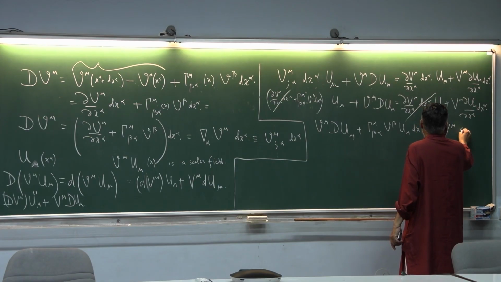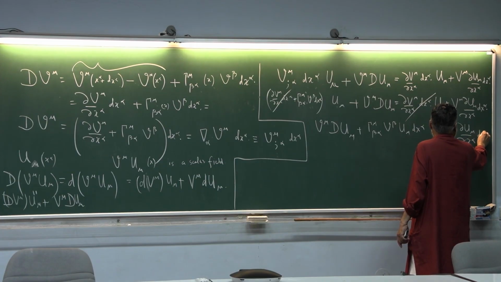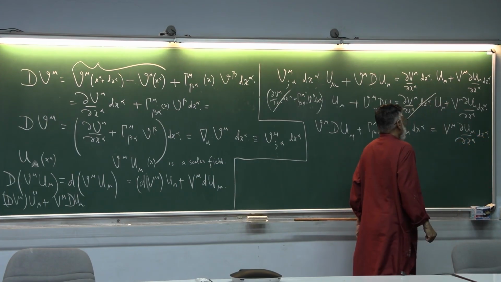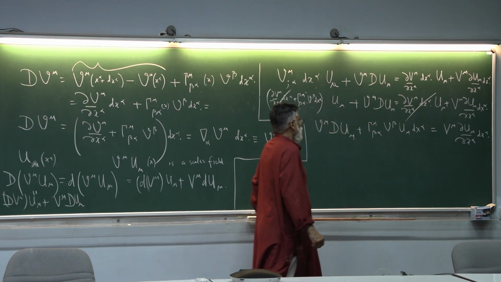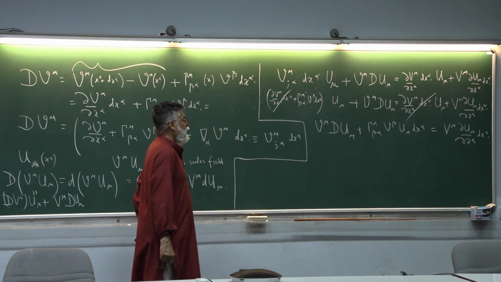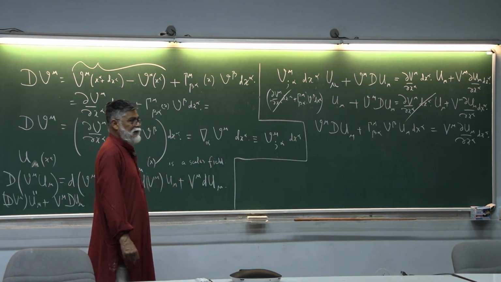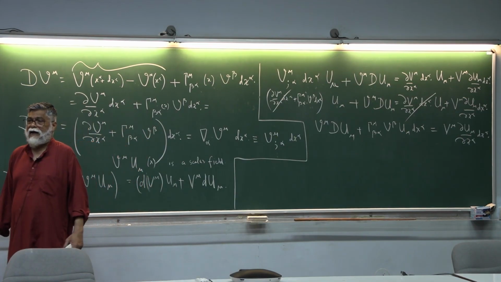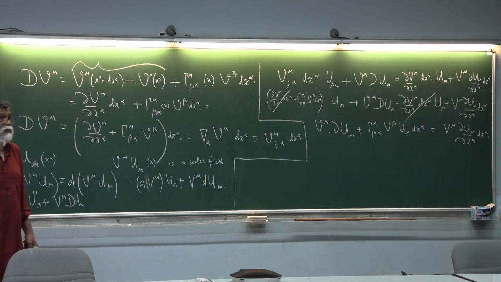v mu. I hope I have not made index errors, because in tensor calculus there are too many indices you are handling, so it's very easy to make calculational errors. So let's take a pause and see whether any mistake has been committed. V mu d u mu, gamma mu beta alpha v beta u mu dx alpha, v mu del u by del x.